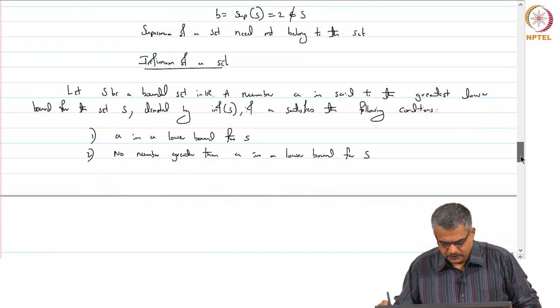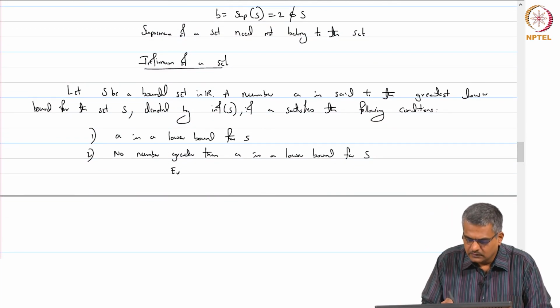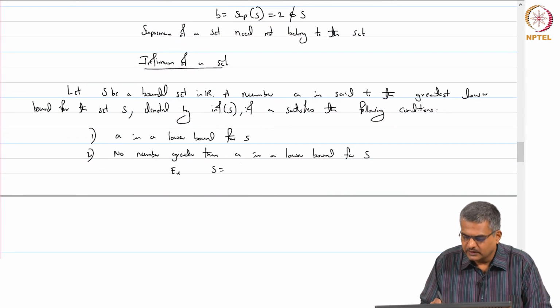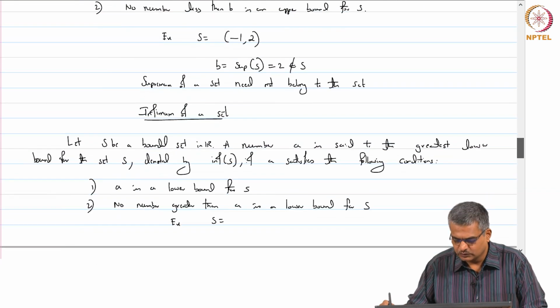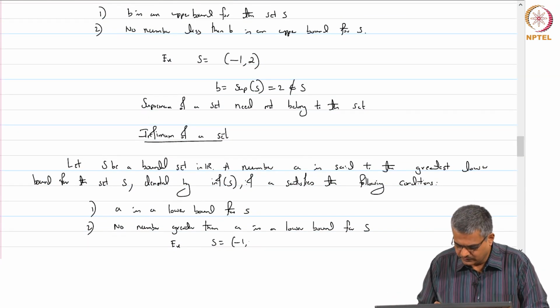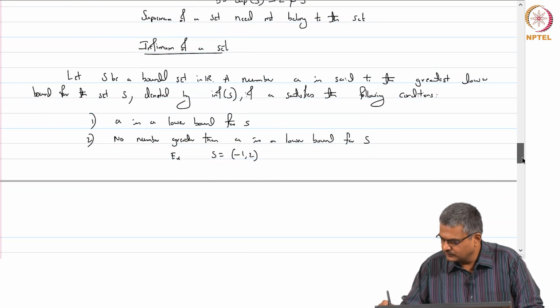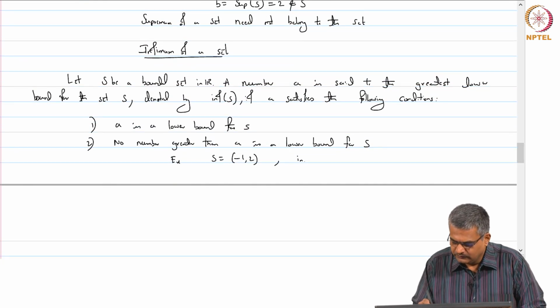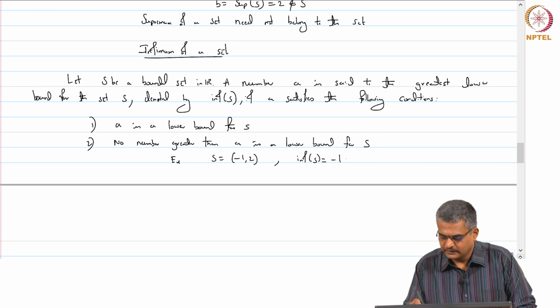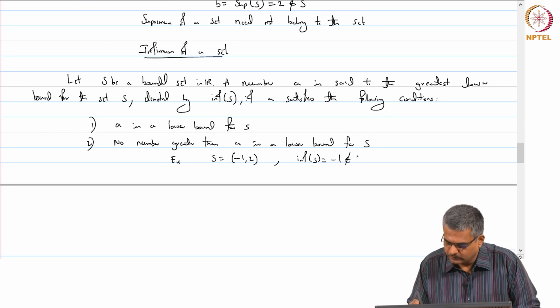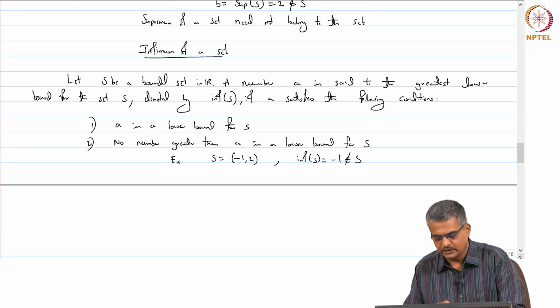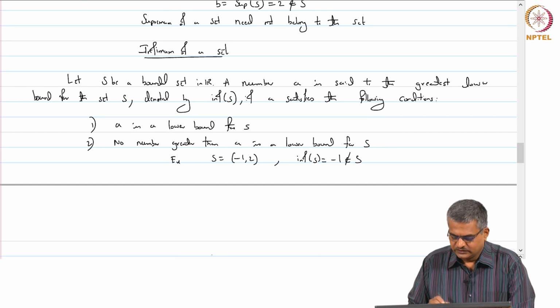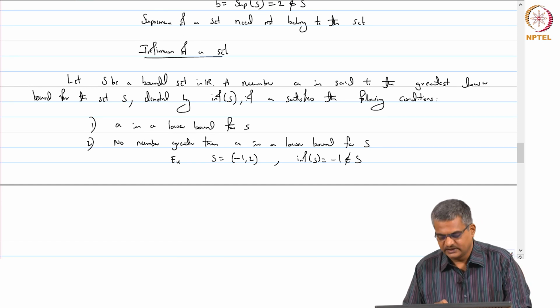So, the same example, we took the example as -1 and 2 open interval. So, here the infimum of S is -1 and this number does not again belong to the set S, right, because that is the lowest bound for the set S, right.